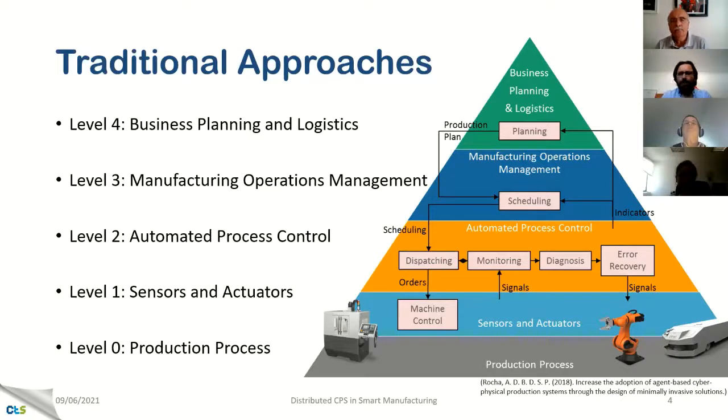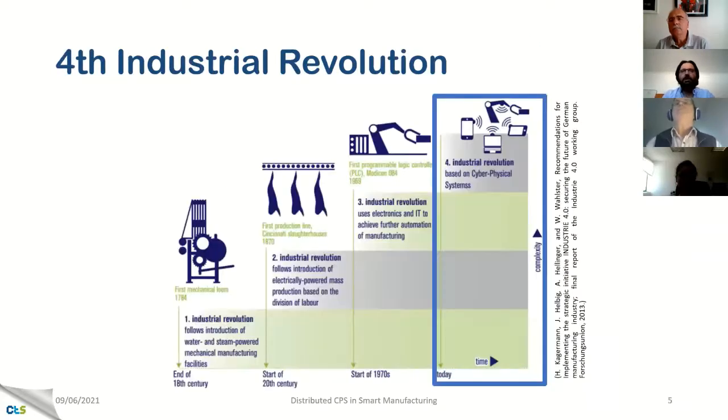And this traditional approach is quite good when we are dealing with mass production, but currently we are facing a new challenge, and the market is constantly changing. And what a change we had in the last year.